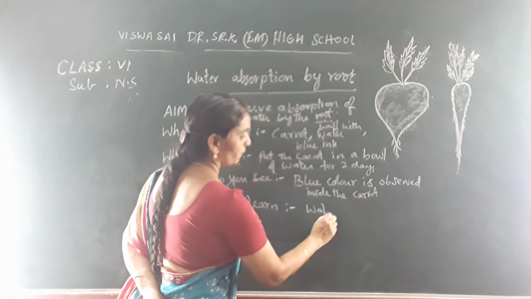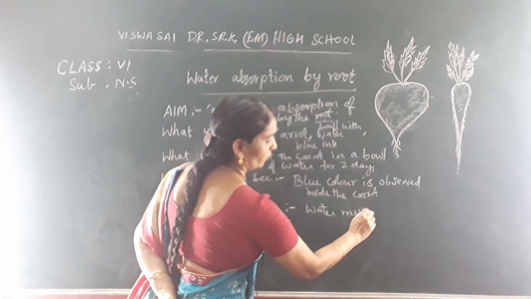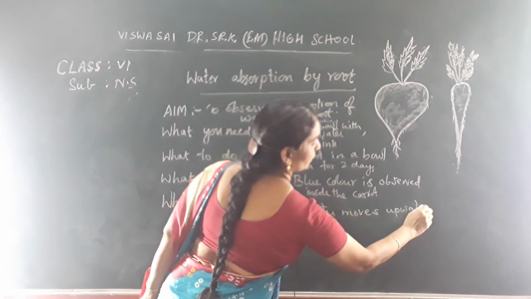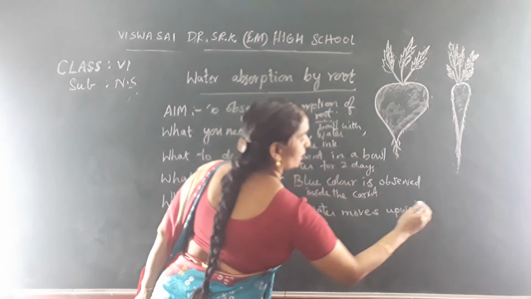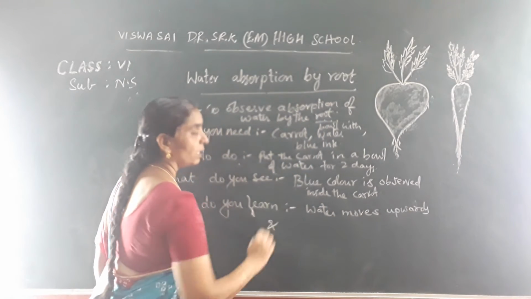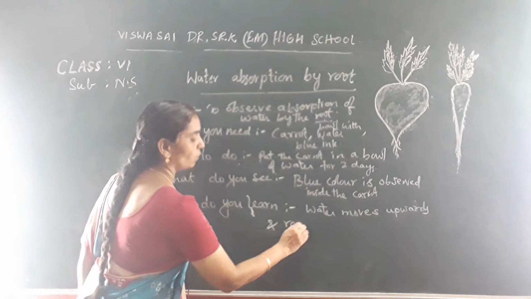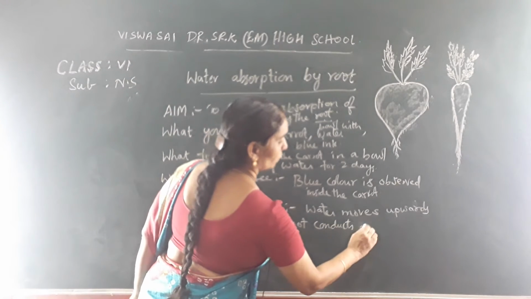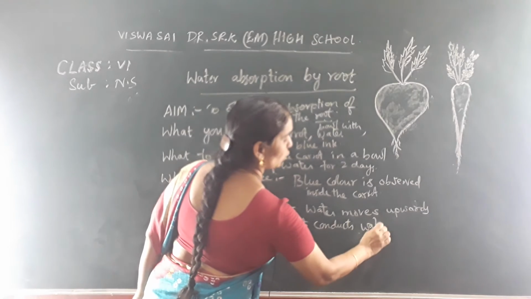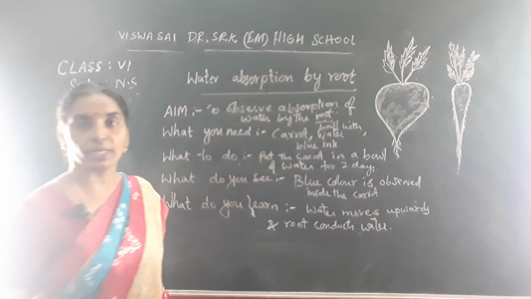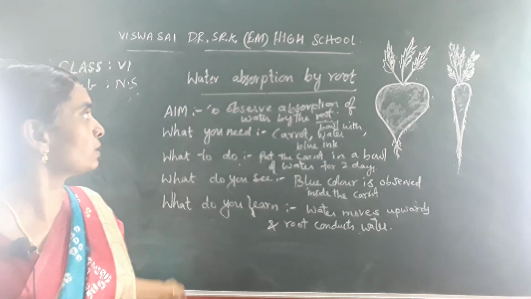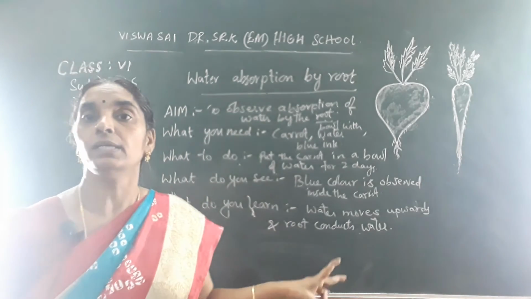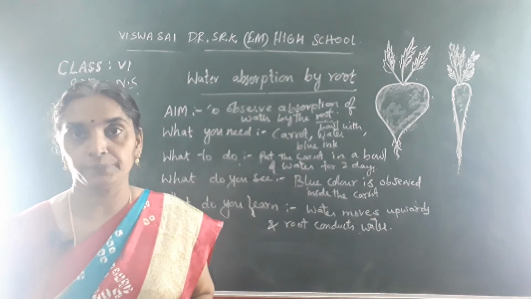Water moves upwards and root conducts water. That means it absorbs water, you can say. Okay children. So this is about the water absorption. Simple experiment to prove that roots absorb water.